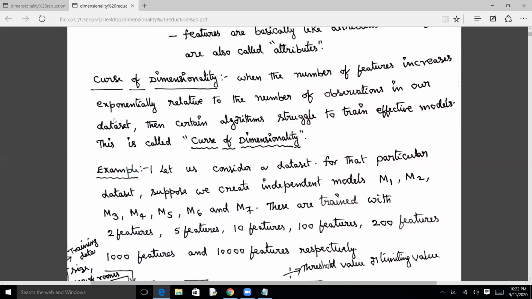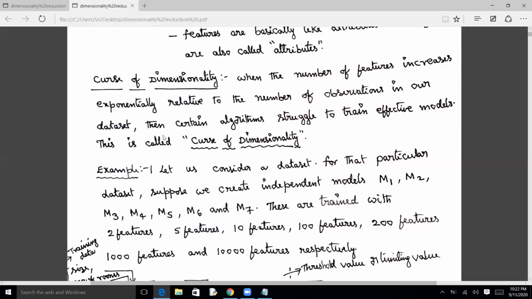Up to a certain limit of features, the model is going to produce accurate values. After the limit is over, the model doesn't produce accurate values. That is what is called curse of dimensionality.